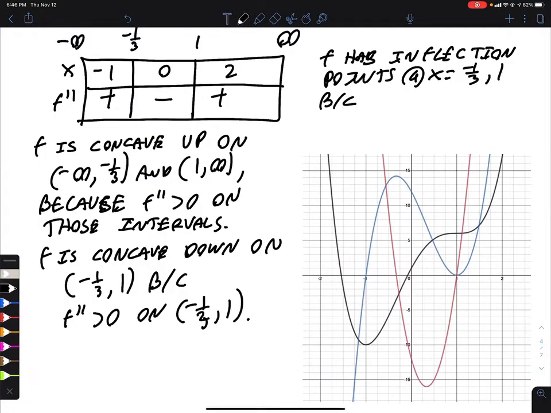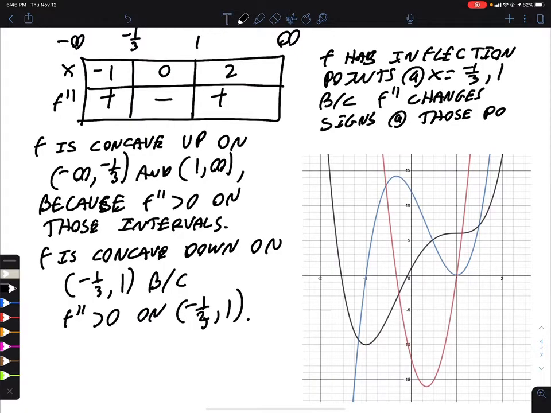How do I know they're inflection points? Because f double prime changes signs at those points.